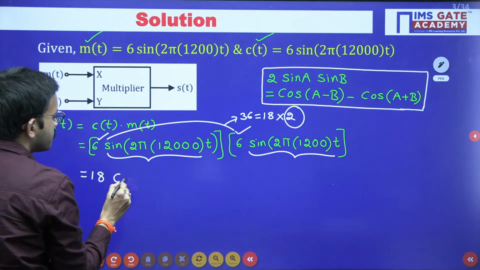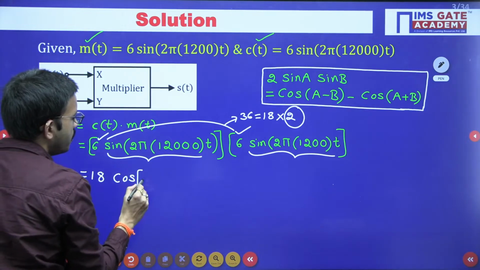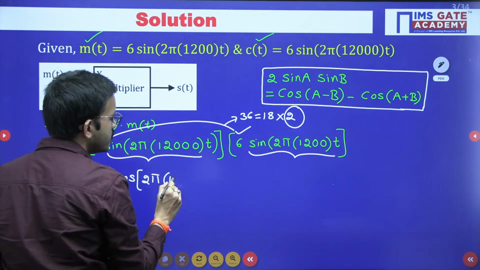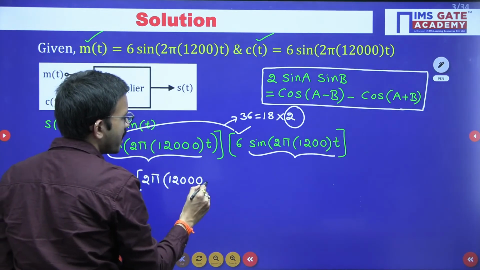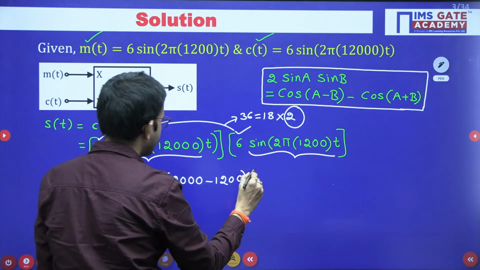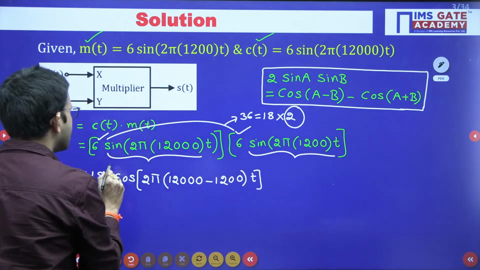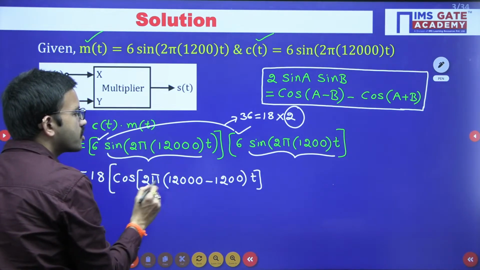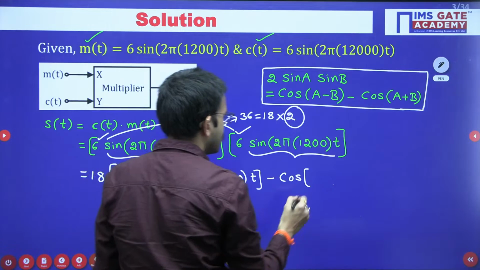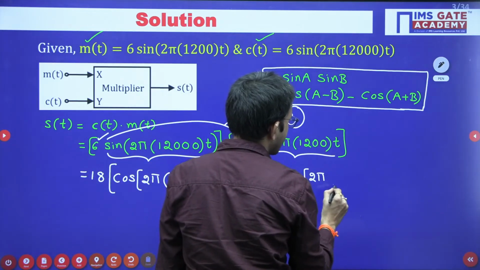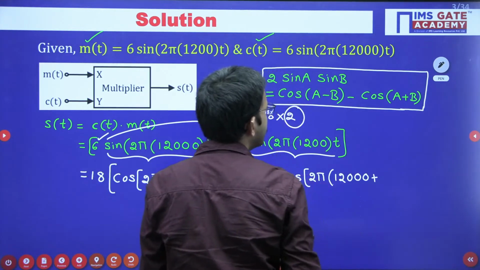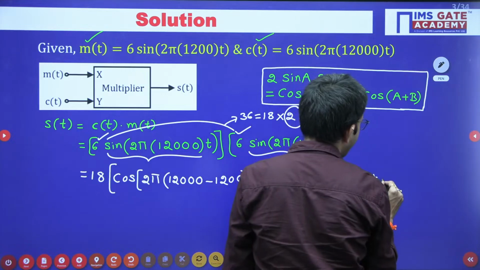For cos(A minus B), taking 2π common, it is 2π into (12,000 minus 1200) t. Then, cos sum: 2π into (12,000 plus 1200) t. So it is cos difference minus cos sum.